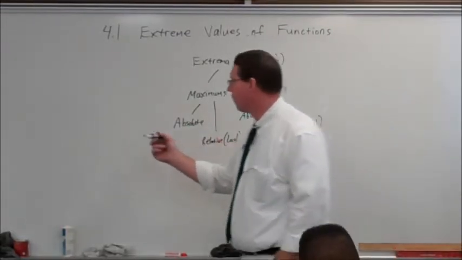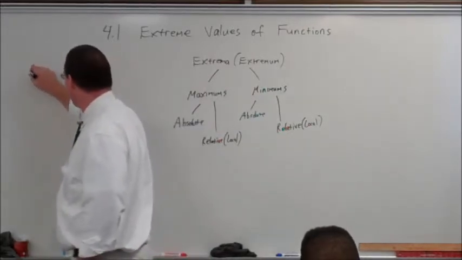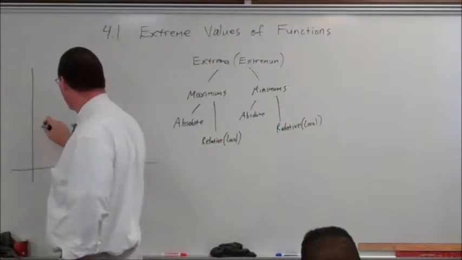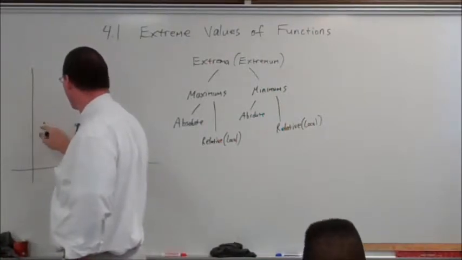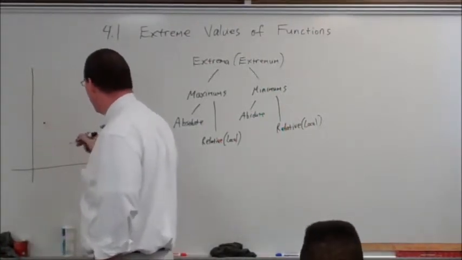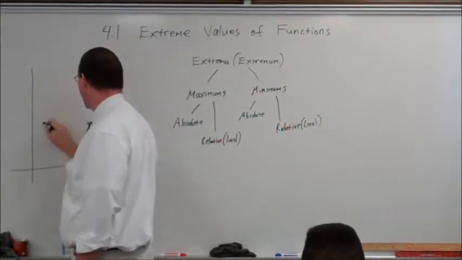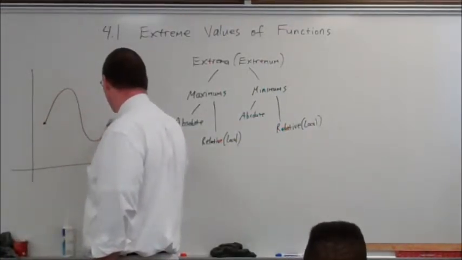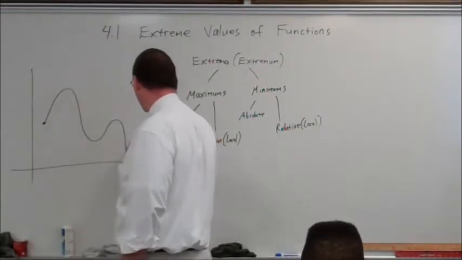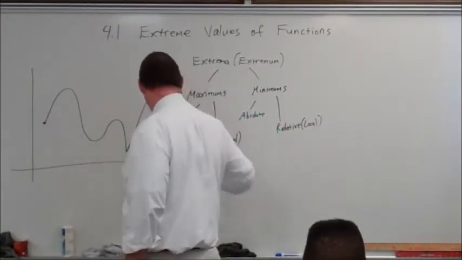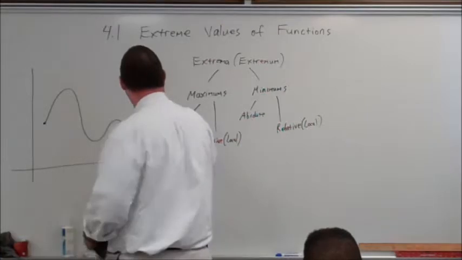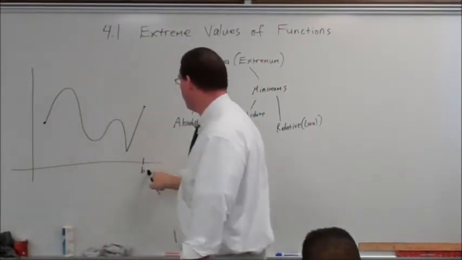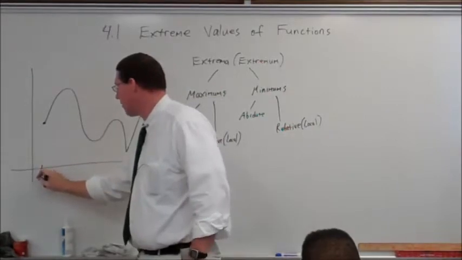I'm going to draw a graph over here while you write that down. Okay, here's the graph. It's going to start here. It's going to be on a closed interval, and it's going to look like this. Let's stop here. This is going to be an x value of b, and this is going to be an x value of a.